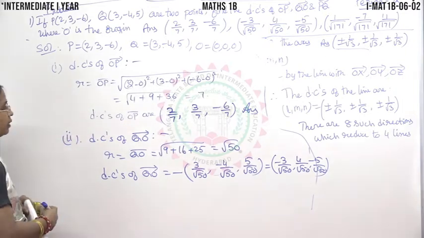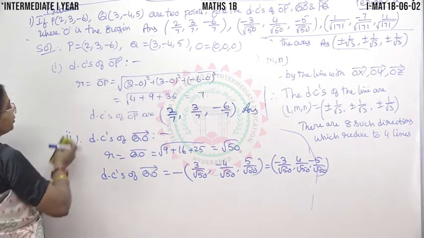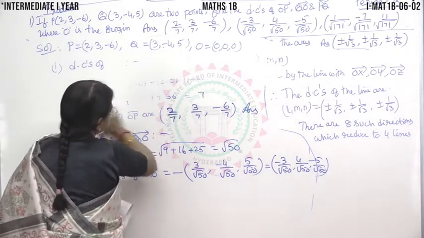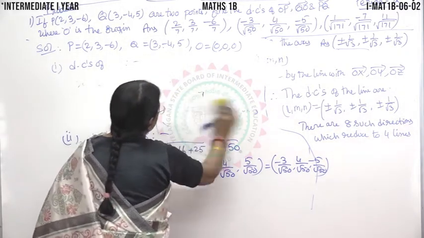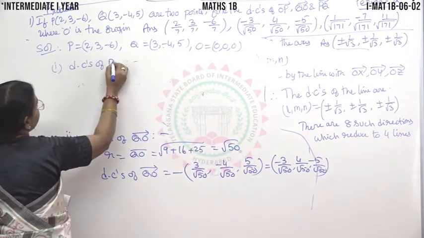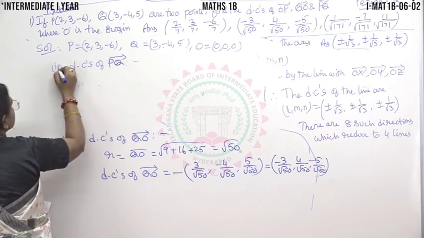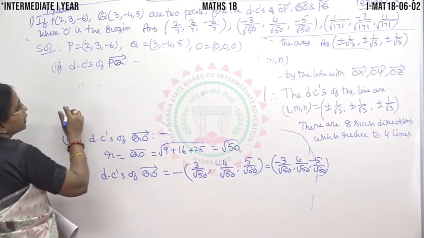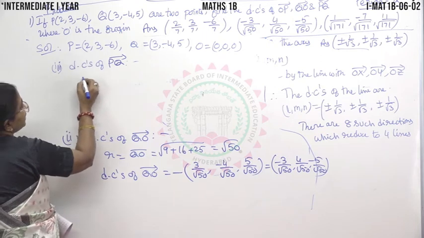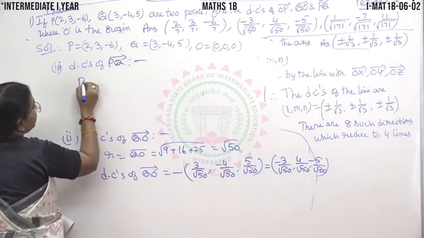Next is the direction cosines of PQ. Third bit. Here it is x2 minus x1 like that. We will find the PQ distance.